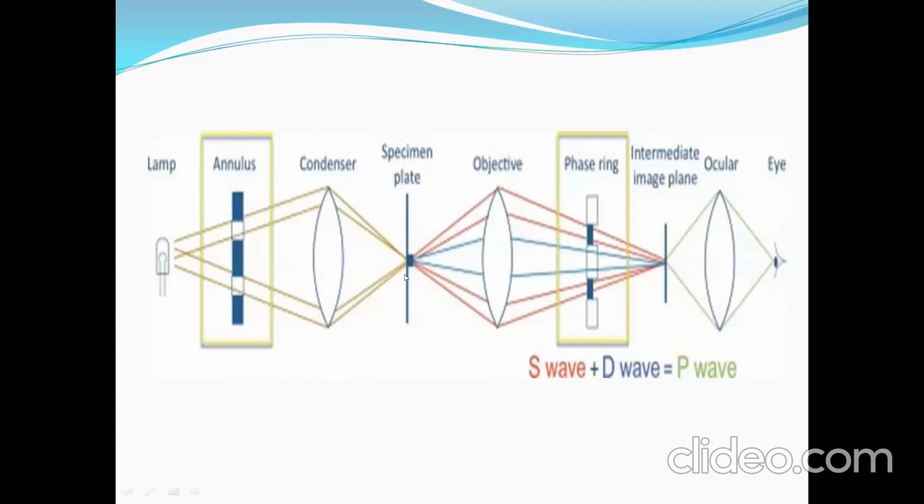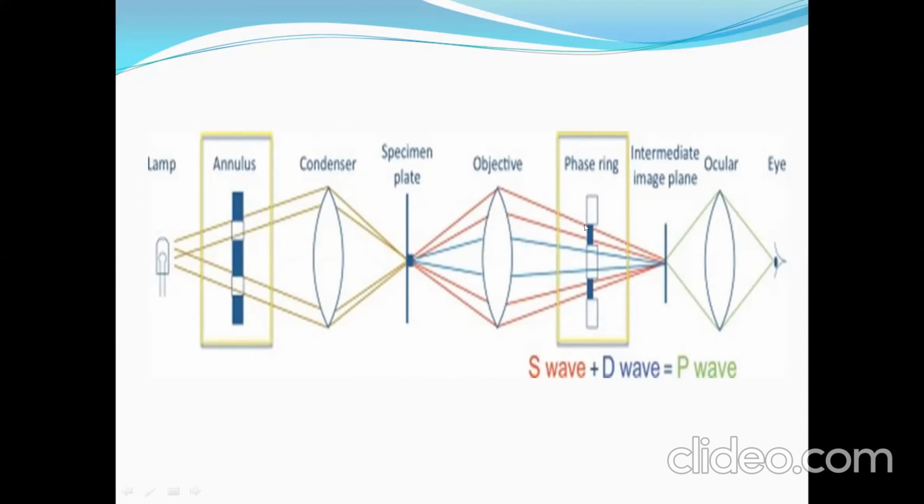These deviated rays are passing through this portion. Obviously the deviated rays are initially retarded by the refractive index of the bacterial cells, and again they are retarded by this portion of the phase plate. The rays which we call surrounding rays are not retarded or deviated by the bacteria, and if they pass through the phase ring, what happens?